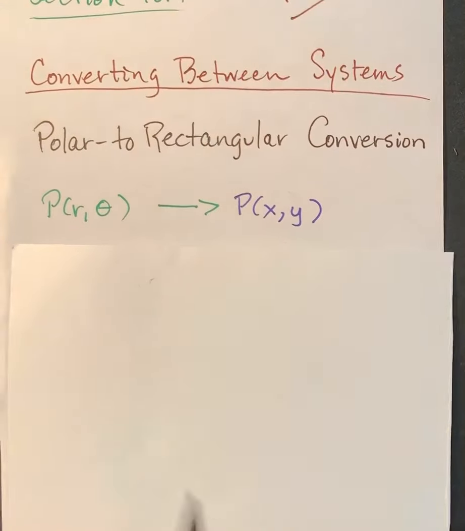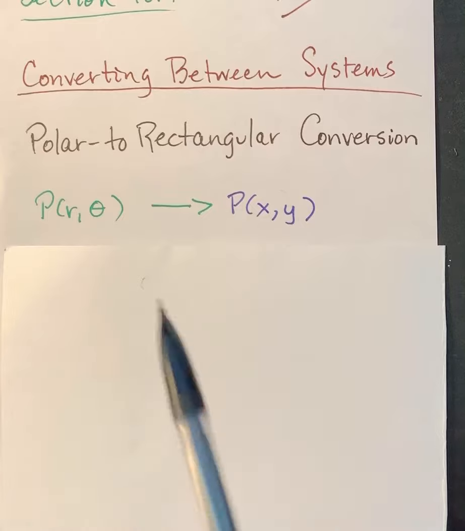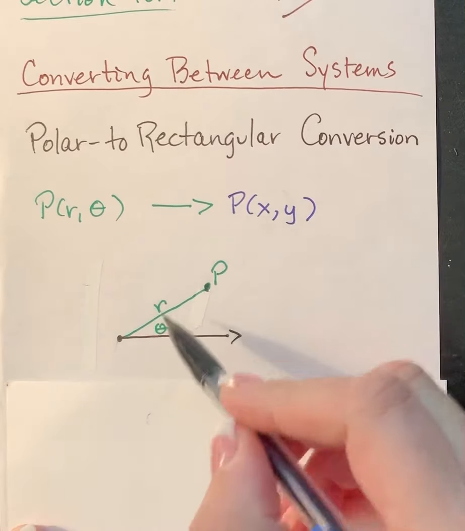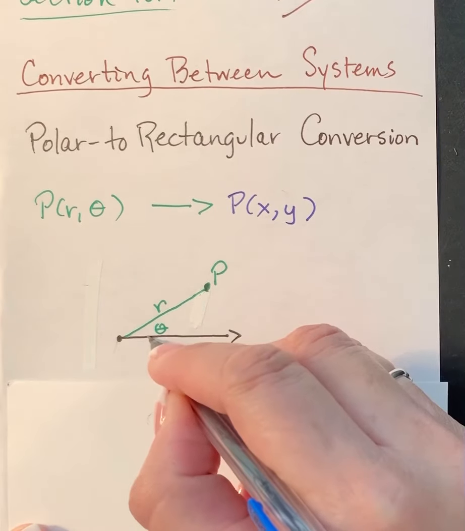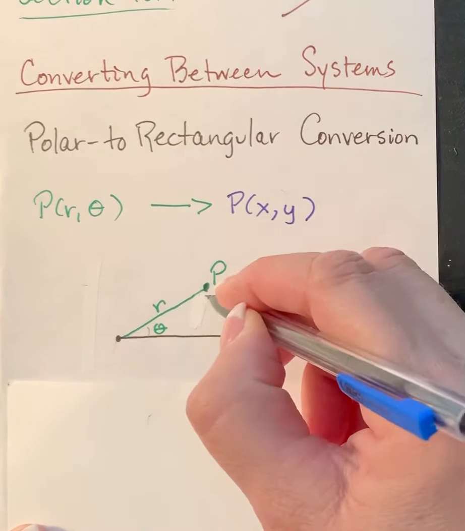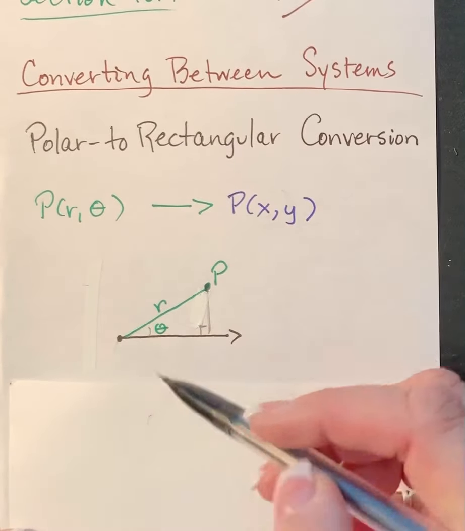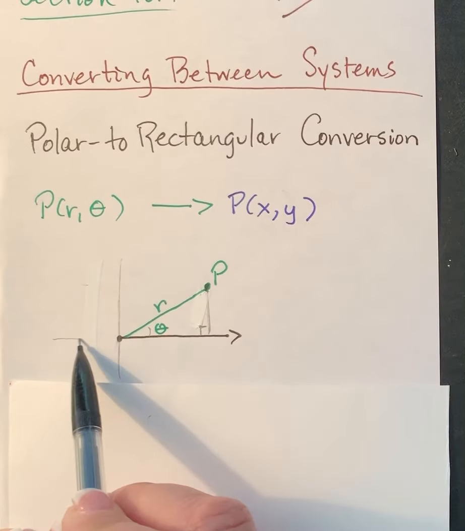So you're given a point in polar coordinates, so you know the r and the theta values, and you want to turn that into rectangular coordinates, x comma y. All right, so the basic scenario is, you know this distance is r, and you know this angle is theta, so it's part of a right triangle, and you're picturing turning this into rectangular coordinates.